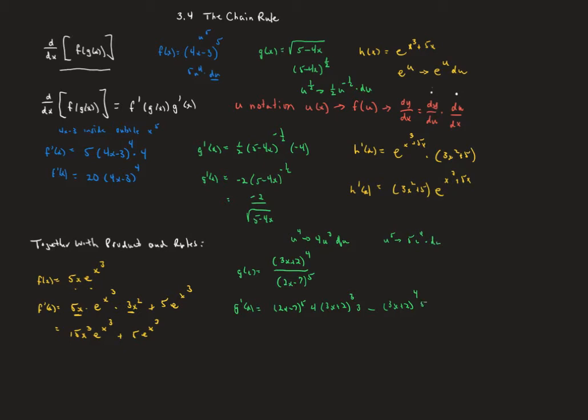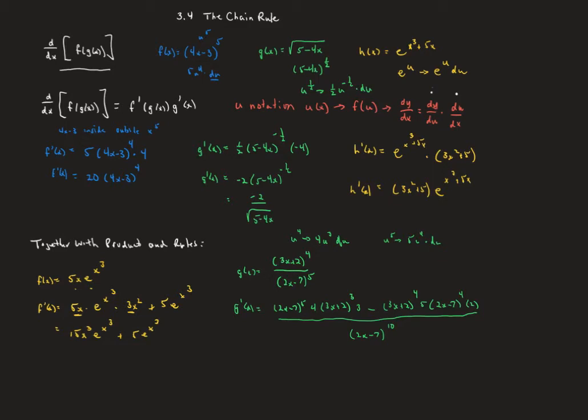So that's going to be 5 times (2x minus 7) to the fourth, and then times the derivative of that inside function, the 2x minus 7, which is 2, all over the denominator squared. That's going to be (2x minus 7) to the fifth to the second, which is going to become the 10th.